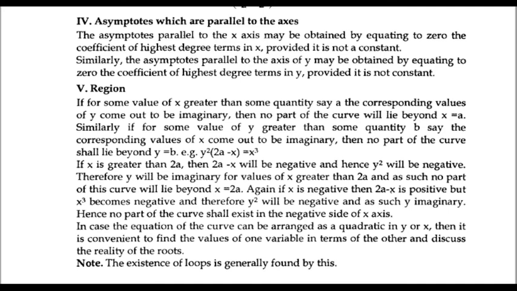Next, the region where the curve lies, whether it is increasing or decreasing, we need to find that. Suppose for some value of x greater than some quantity a, the corresponding value of y comes out to be imaginary, then no part of the curve will lie beyond x is equal to a.